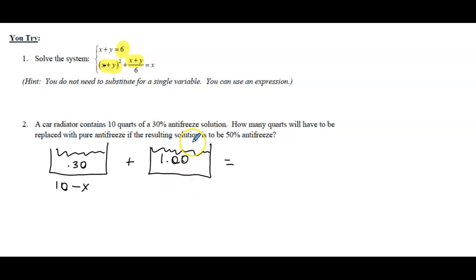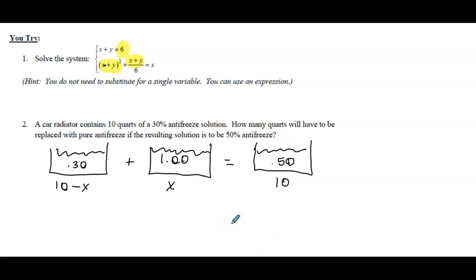Then you're going to add pure antifreeze, which is 100%, and you don't know how much of that pure antifreeze you're going to put in. So that's x. And then it's going to equal, you want your final amount to be 50% antifreeze. So here's the 50% antifreeze. And in the end, your car radiator will still have 10 quarts.